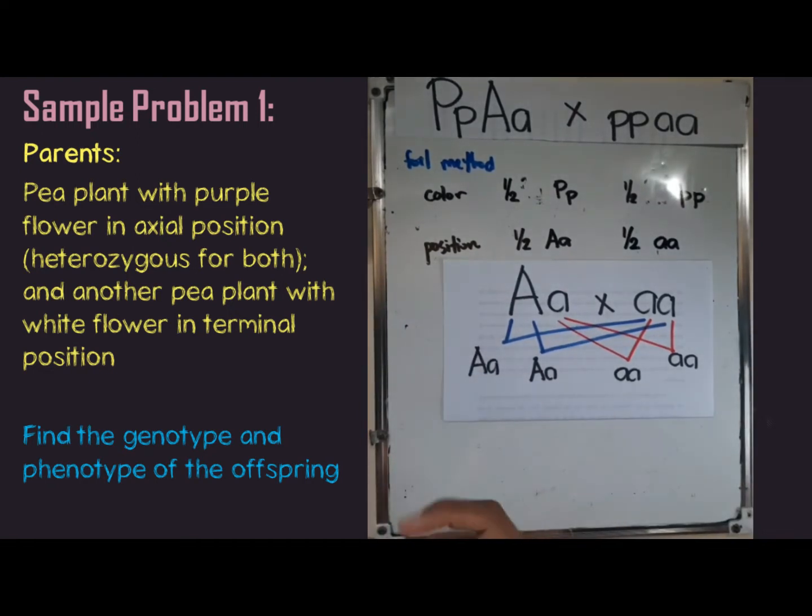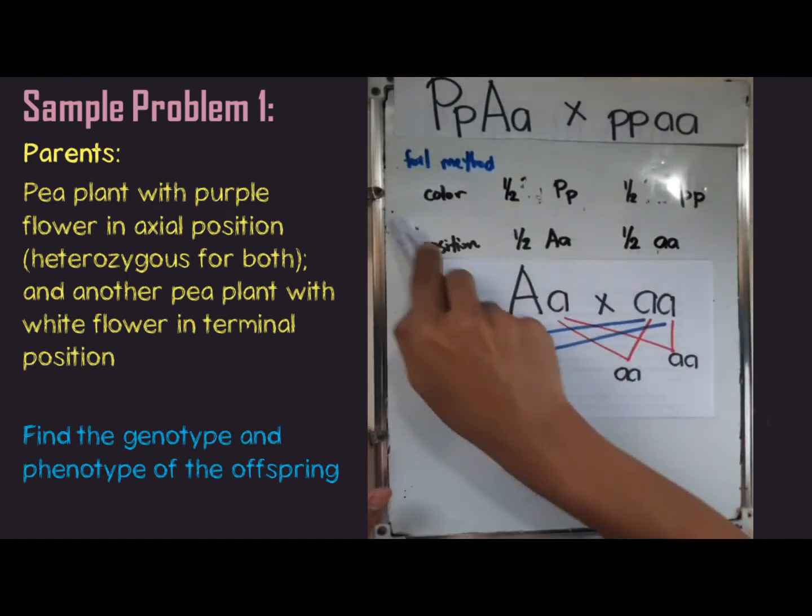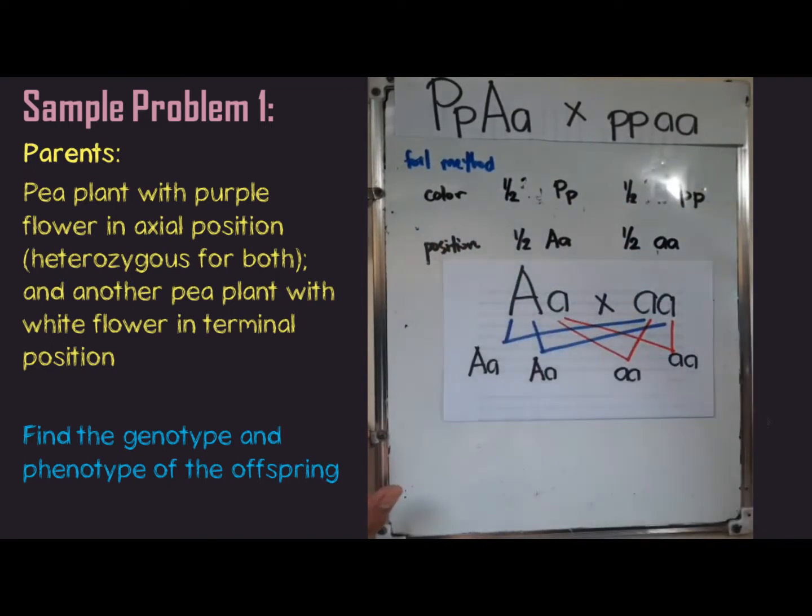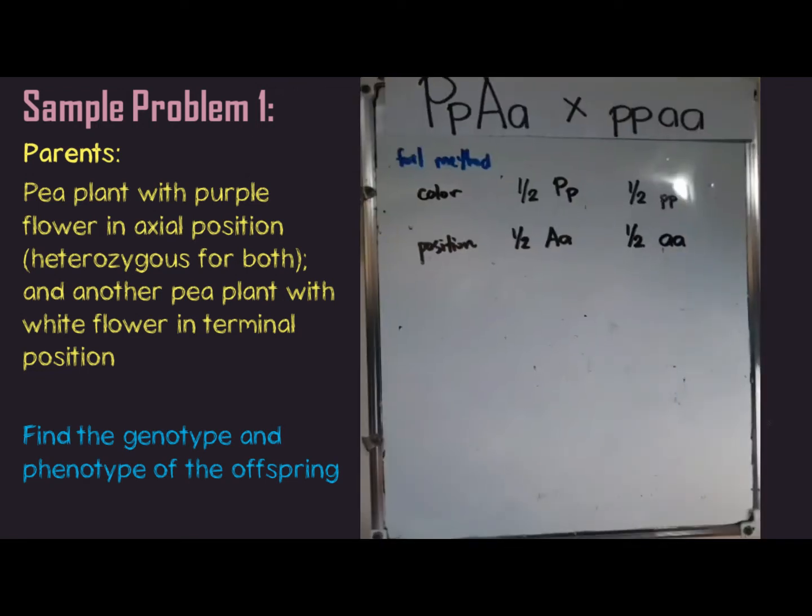So this would be the segregation that happens right after the FOIL method. Basically, what we are doing here is segregating the different possibilities present in every single trait.